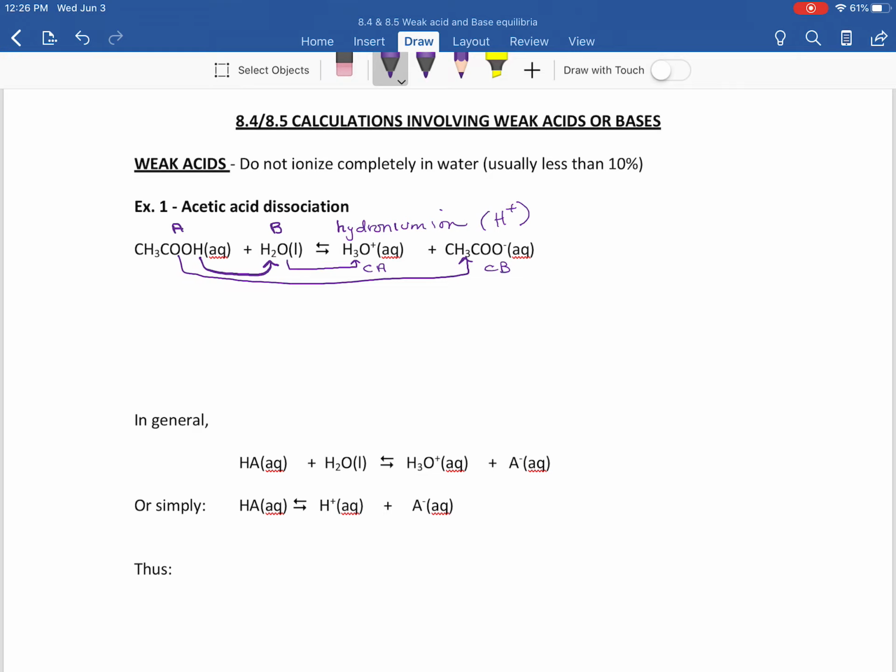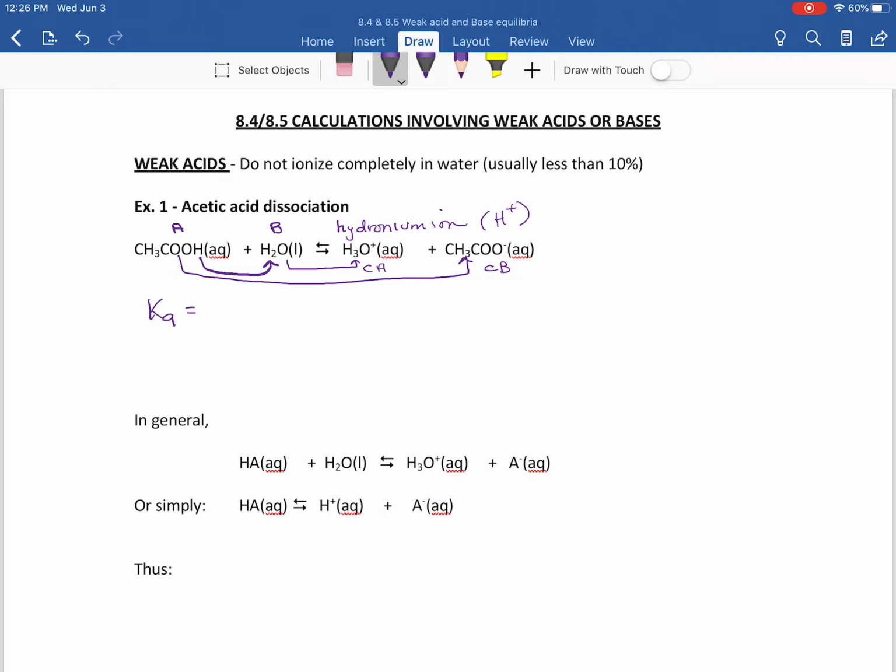So for our purposes of making a Ka equation, and remember I told you a long time ago there was a bunch of Ks: so far we've got the equilibrium constant, we've got the solubility constant, and now we're going to have Ka, Kb, and Kw that you learned yesterday.